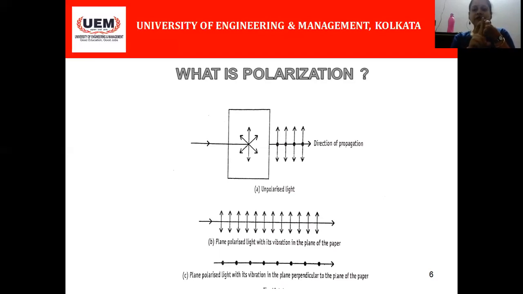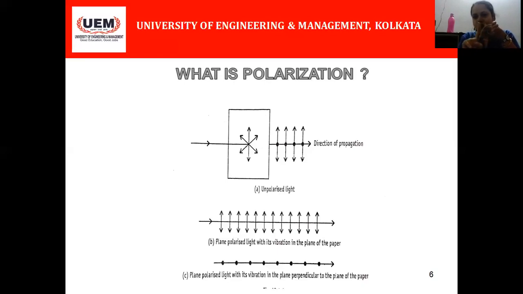So it is free to vibrate along any direction in the xy plane. But if I am saying no, my light vector can only vibrate in a certain direction along your computer screen. So my light vectors can only vibrate this way if my light is propagating along z direction.